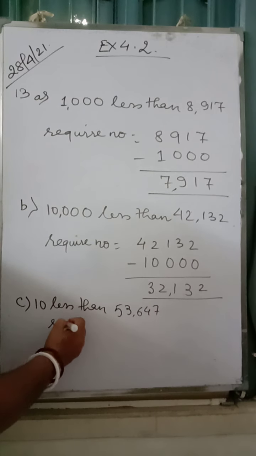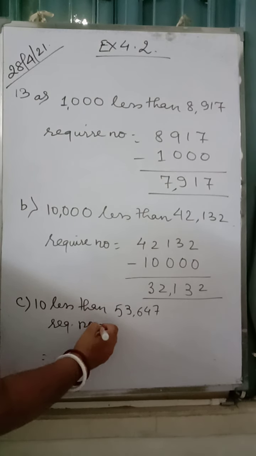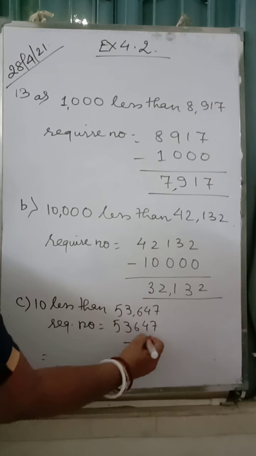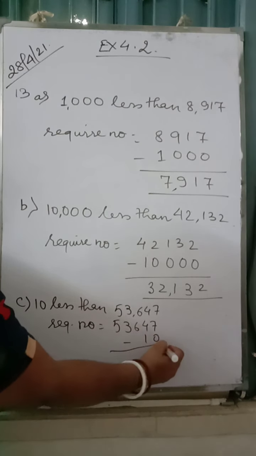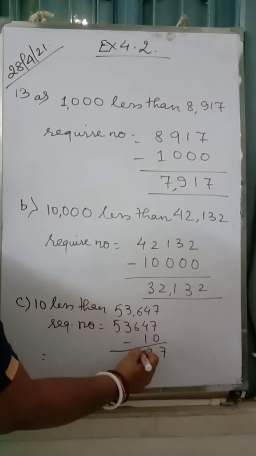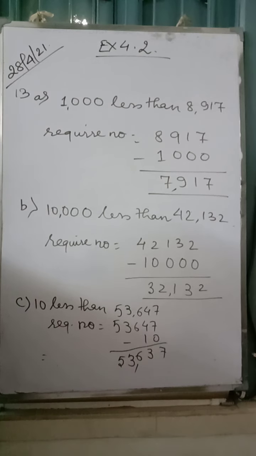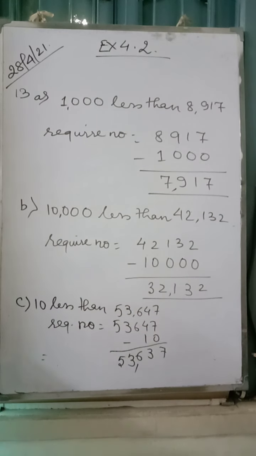So we'll write required number 53,647 minus 10. So this gives you 53,637. It was 47 minus 10, it is 37. So similarly, you have to do number D, E, F.